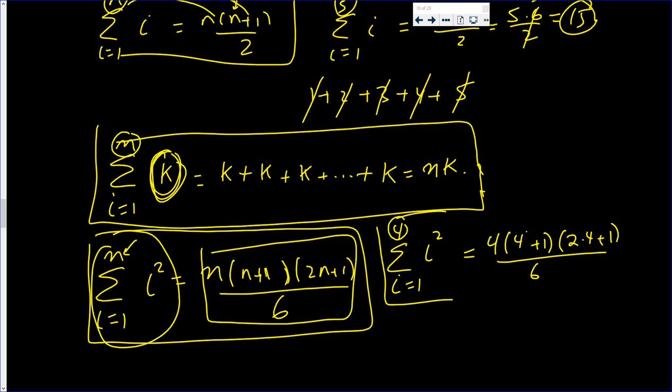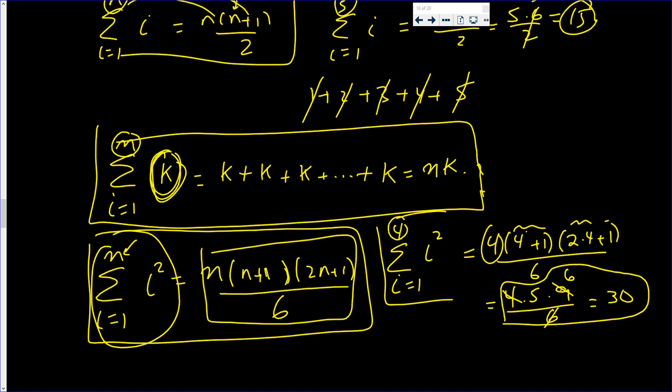So this is 4, that's 5, and that's 8 plus 1, which is 9, all over 6. Well, 4 times 9 is 36, divided by 6 is 6. So we end up with 5 times 6, which is 30.